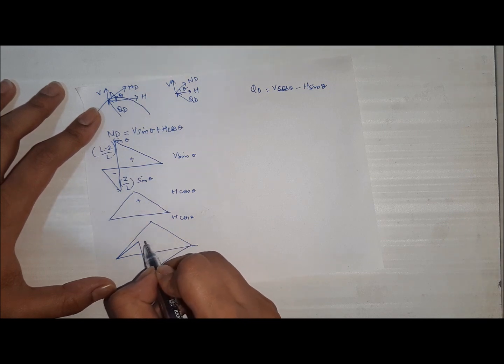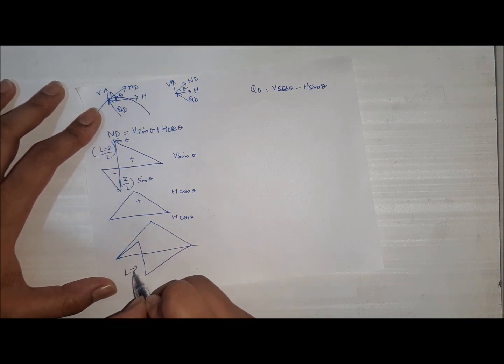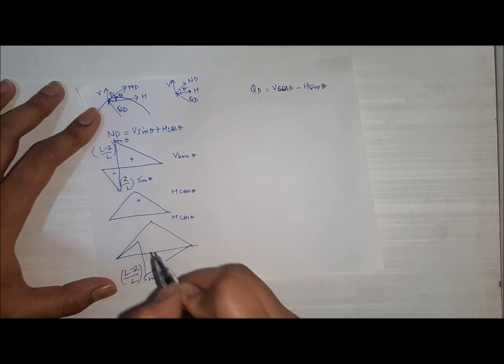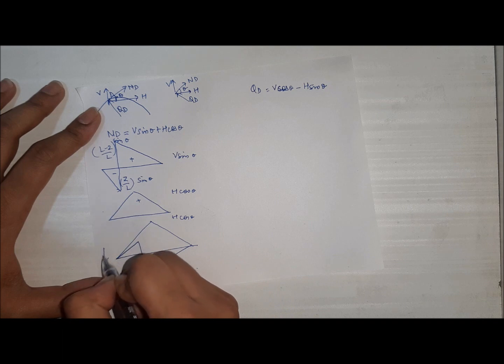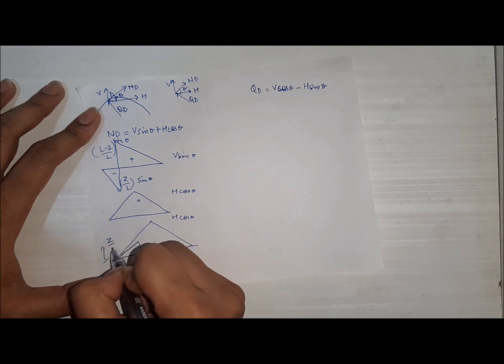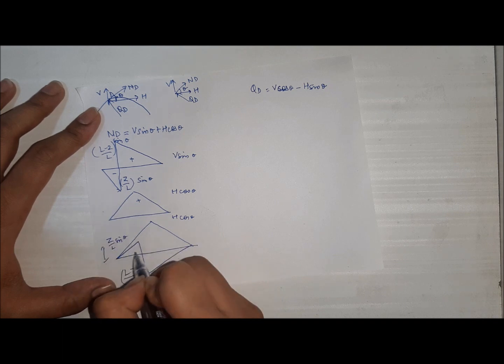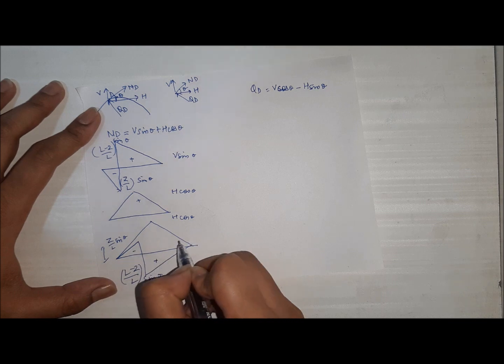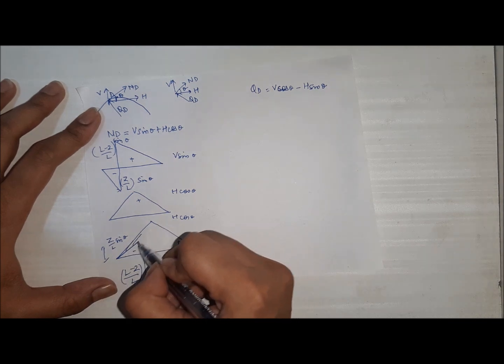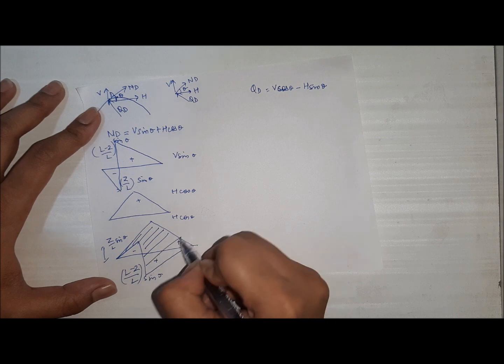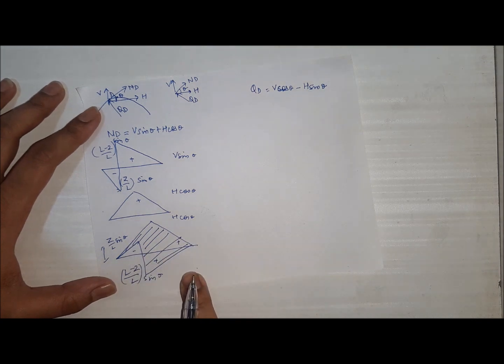Now this is L minus Z by L sin theta, and this height is Z by L sin theta. This portion is negative, this is positive, and this is also positive. So the resultant for the normal thrust at point D is this figure.